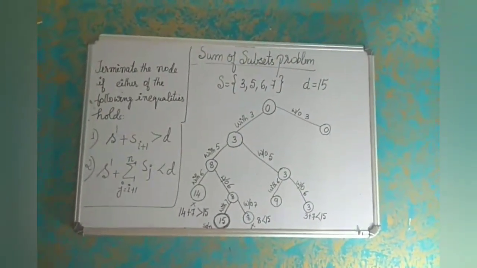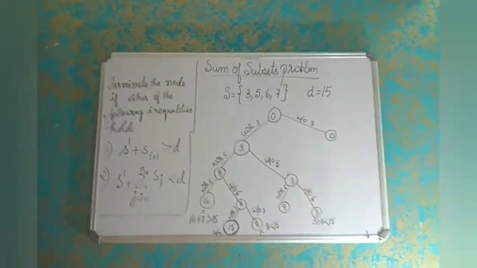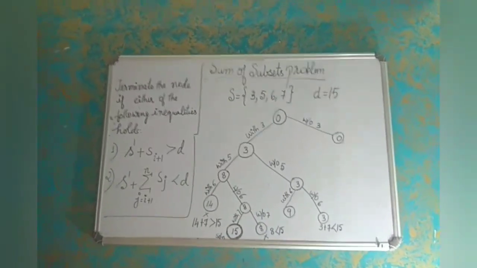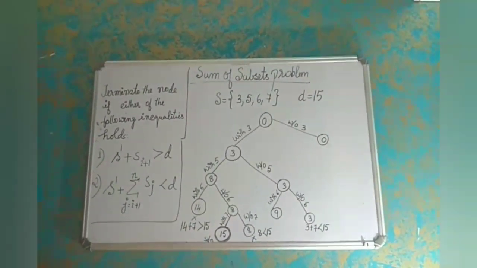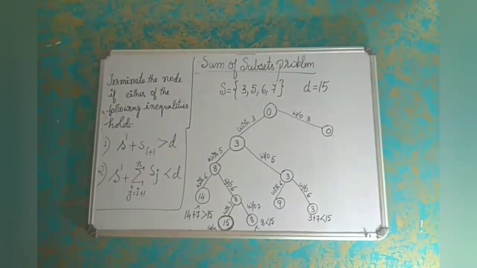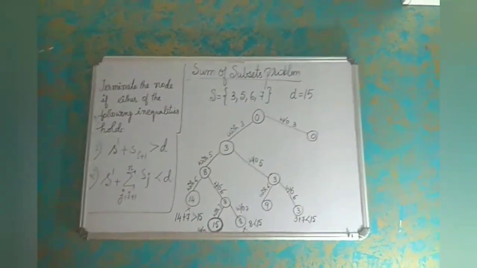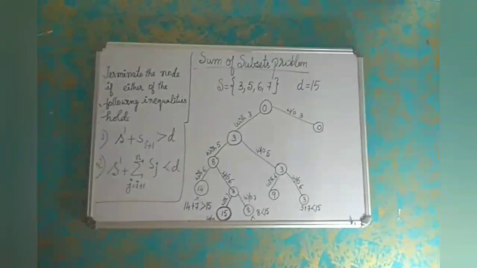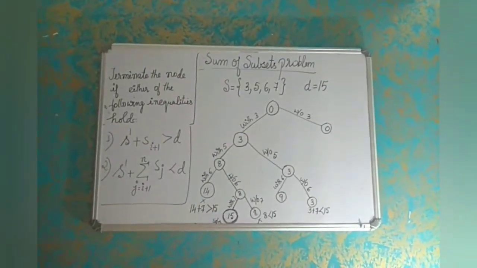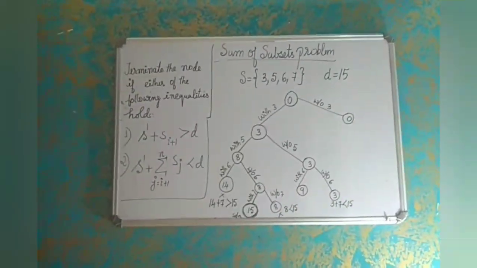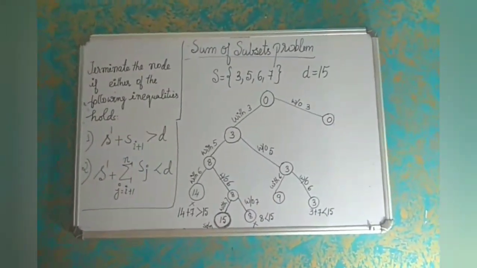Then you will also be given the value of the integer d, that is equal to 15. Now your task is to find the subset of S such that when you add the elements together, you get the sum equal to 15. So that is the given problem.